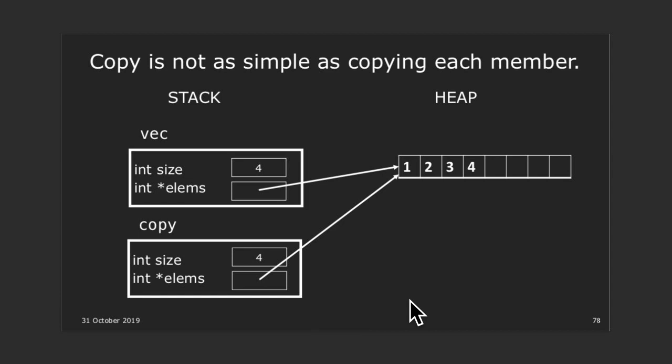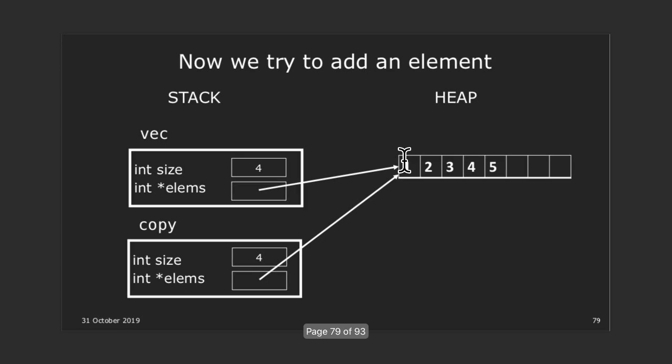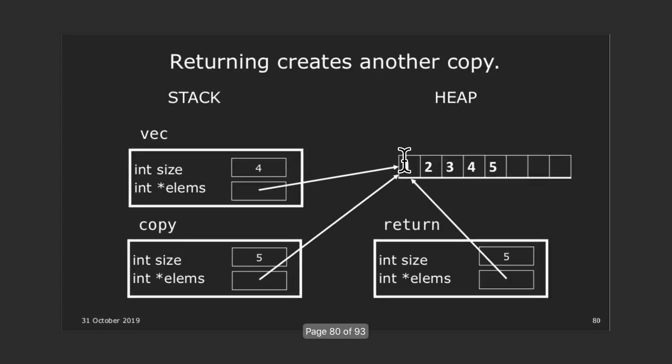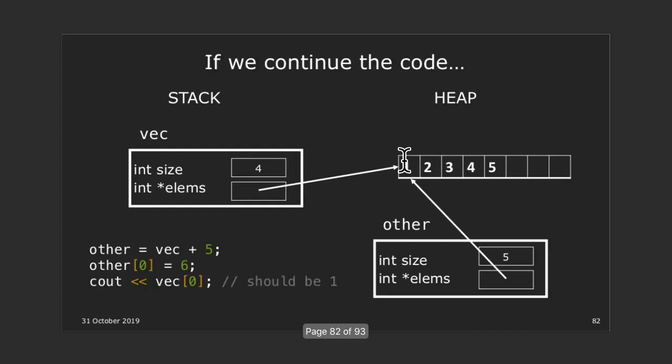By default, the equal sign copies every member. So here, because it's a pointer, it's just going to copy the pointer to the same place. That's a problem because suppose we tried to add a new element to one of the vectors. Then both are referring to the same vector. If you change one, you're actually changing the other one as well. Okay? This is known as a shallow copy versus a deep copy.